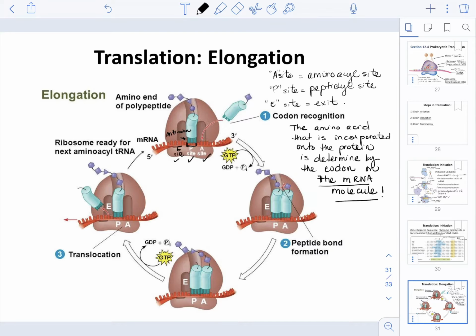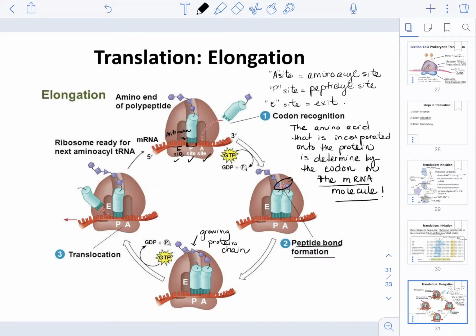So in step 2, once the codon has been recognized, between the A site and the P site we are going to be forming the peptide bond. Then the growing protein chain is transferred from the P site to the A site, so now we have the growing chain on the tRNA in the A site.